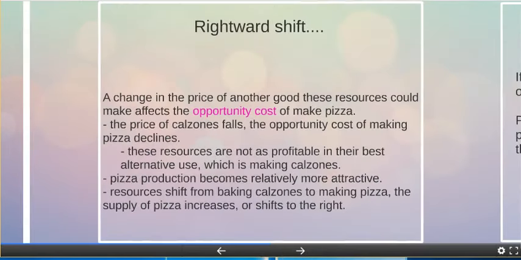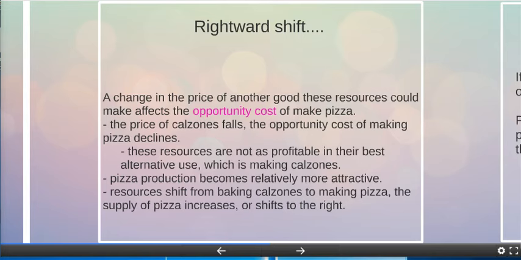A change in the price of another good these resources could make affects the opportunity cost of making pizza. For example, if the price of calzones falls, the opportunity cost of making pizza declines. These resources are not as profitable in their best alternative use, which is making calzones.